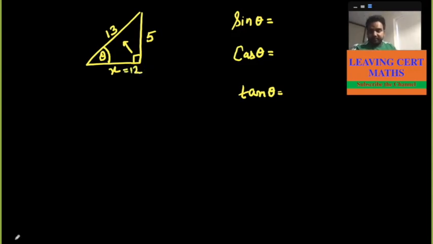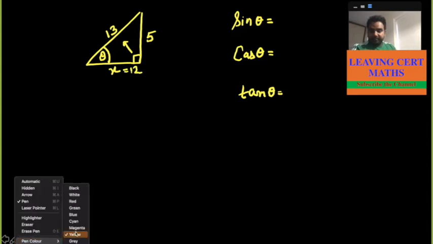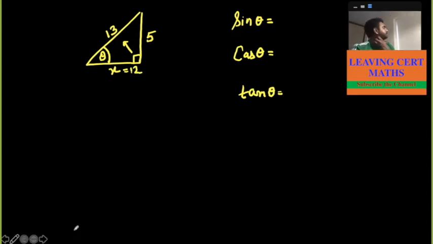So the sine is opposite over hypotenuse, which is 5 over 13. Very good. And the cos is adjacent over hypotenuse.